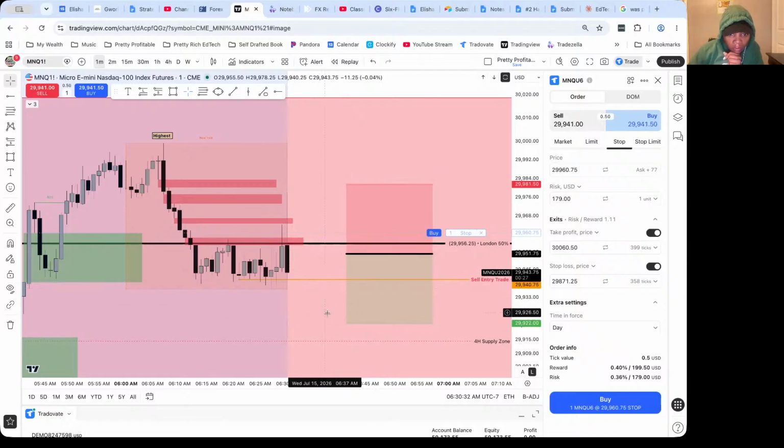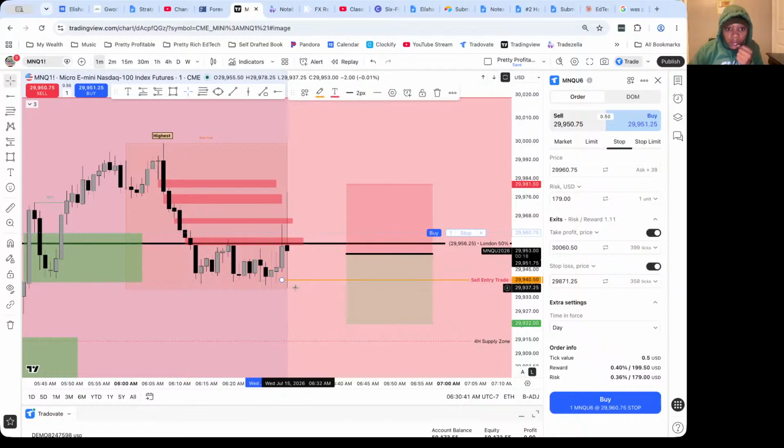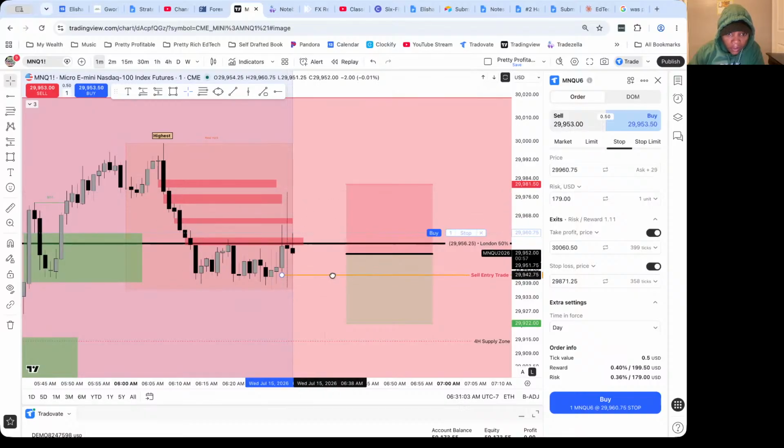Alright, so we got our, so this can be considered a rejection candle, but let's see what this one does. That's a long wick. Okay. So you got a rejection candle. It closes below.